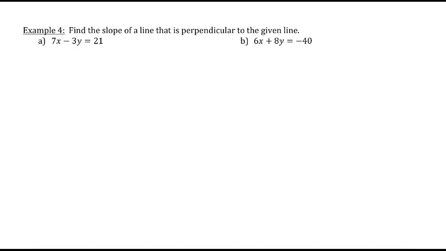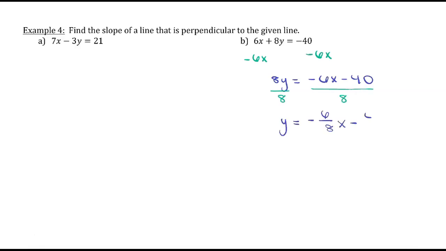Let's solve for y so that we have it in slope-intercept form and can easily pull out the slope. Now we see that the slope, m1, is equal to -3/4. The question is, if a line is perpendicular to this line, what would its slope need to be?